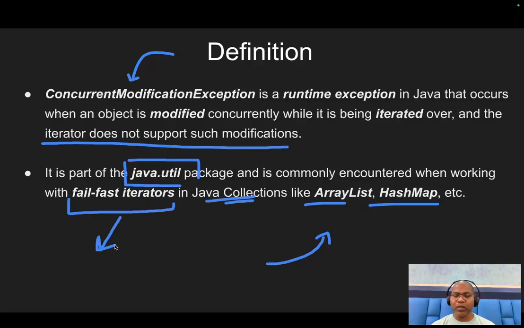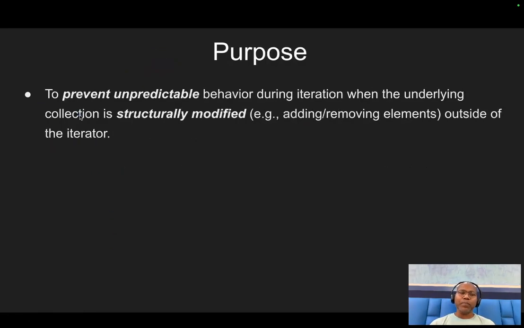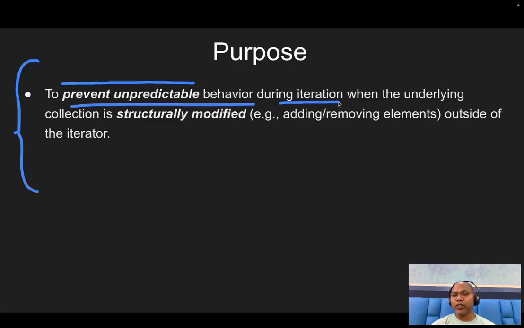So your application is going to fail if a concurrent modification happens. The purpose why this exception was introduced, even though it fails our application, is to prevent unpredictable behavior during iteration when the underlying collection is structurally modified outside of the iterator.